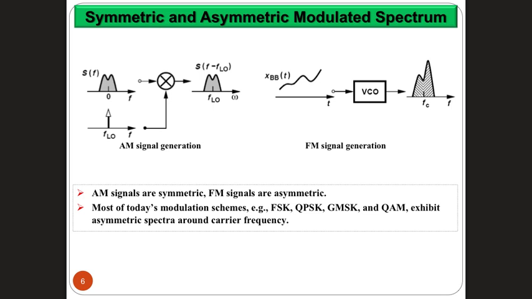In addition, in almost all digital communication techniques, except BPSK, binary phase shift keying, but in all other types of digital modulation techniques, we end up with an asymmetric or complex signal.